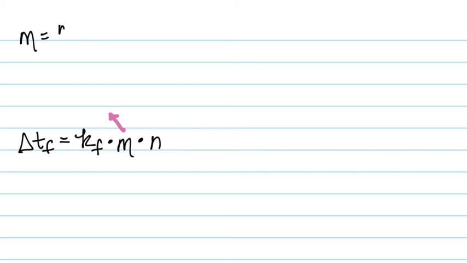So we were looking at, we needed to find delta TF, molal freezing point constant times the molality times N, which is our number of particles of solute. To do that, we have to calculate M first. So molality, that is moles of solute over kilograms of solvent. And as I look at that, we can easily get kilograms of solvent because it tells us we have 1 kilogram of water.